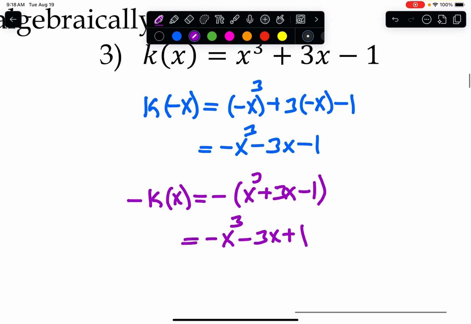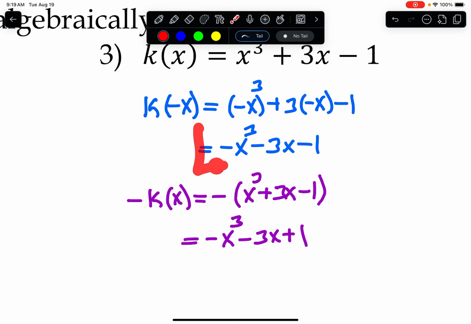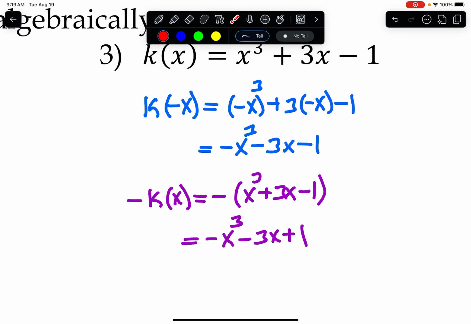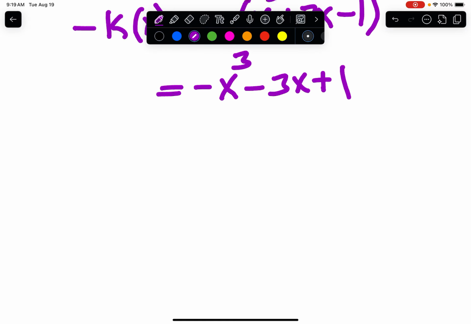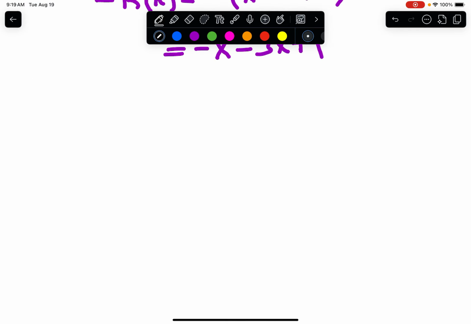So when you look at your results, 1 and 2 don't match, so it can't be even. 2 and 3 are close, but the ones don't match, so it can't be odd either. So nothing matches, so what this tells me is that it's just neither odd nor even. Ta-da!